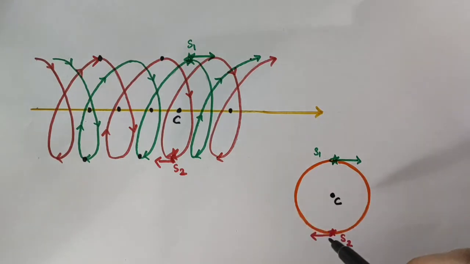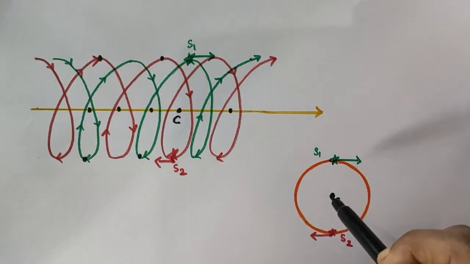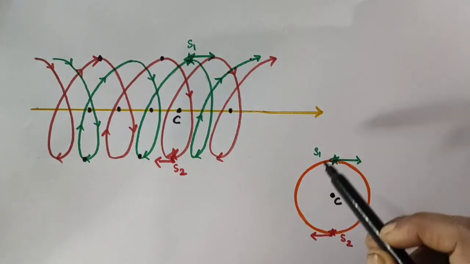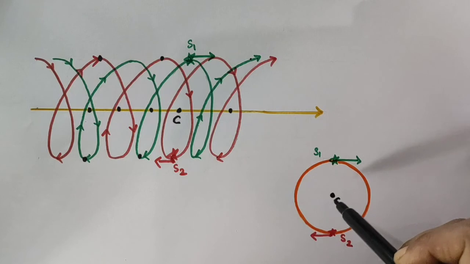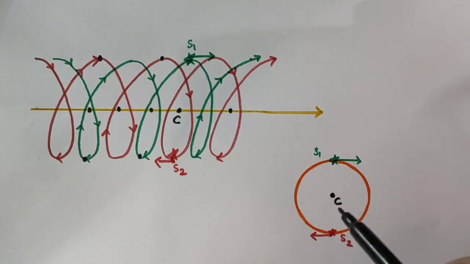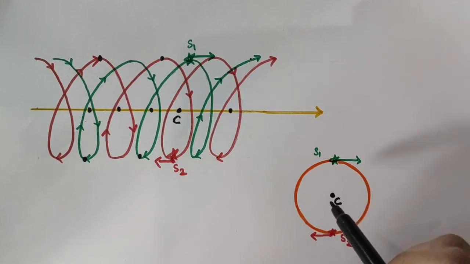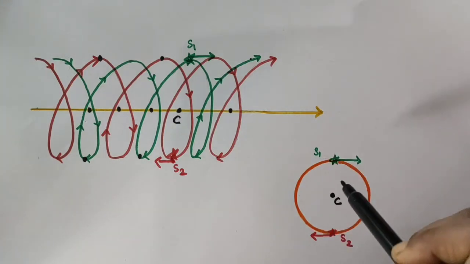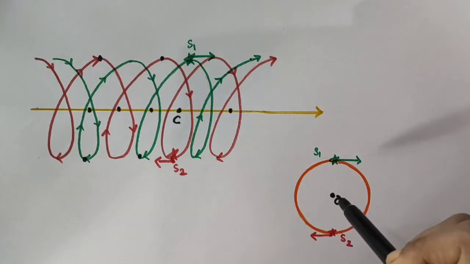If we observe the motion of the binary stars from the center of mass frame, it looks like the two stars S1 and S2 are moving in a circle about the center of mass C, which is at rest, because we have fixed the frame of reference on the center of mass. So the center of mass is at rest with respect to that frame of reference now.